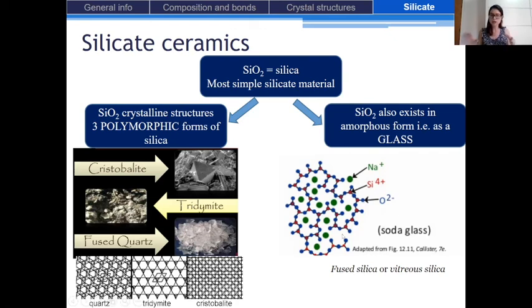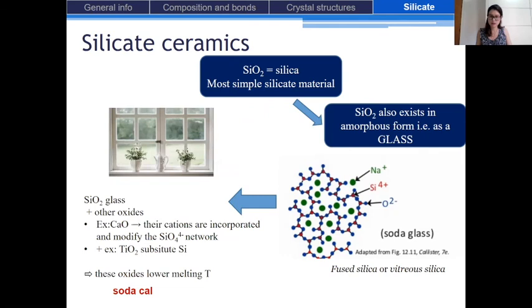In many situations, in order to form this glass, in order to form this irregular structure, we add small quantities of oxides, for example, to fabricate the windows and other containers that we find in our everyday life, that we call glass.